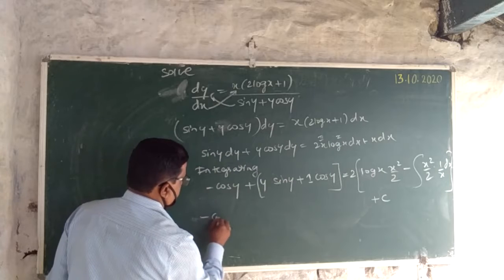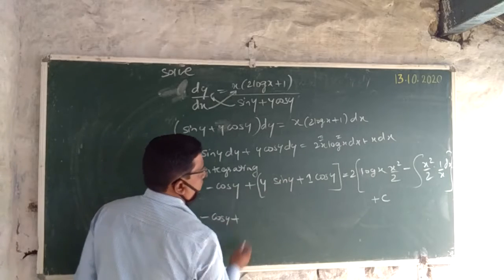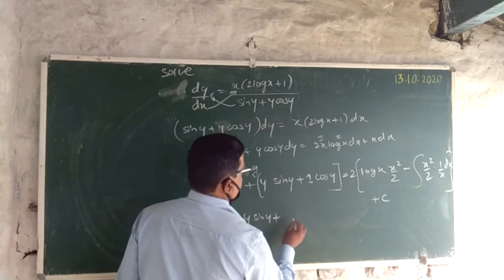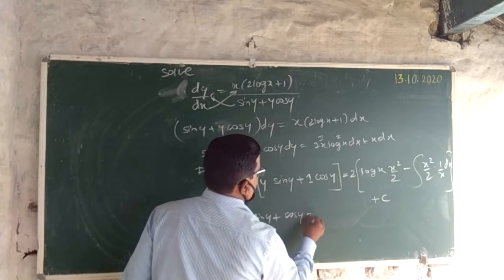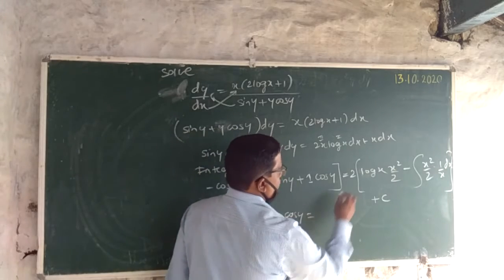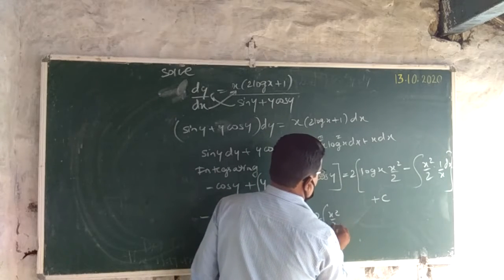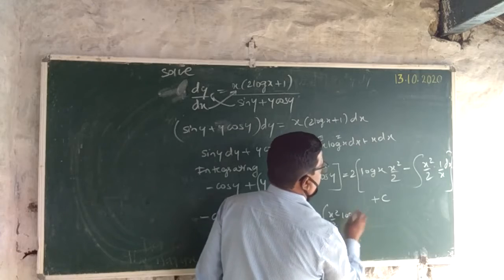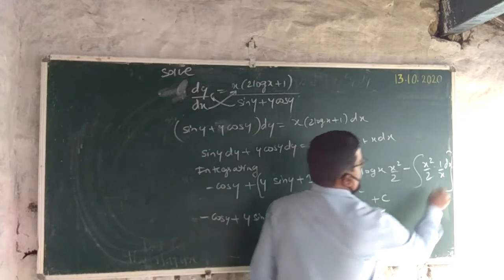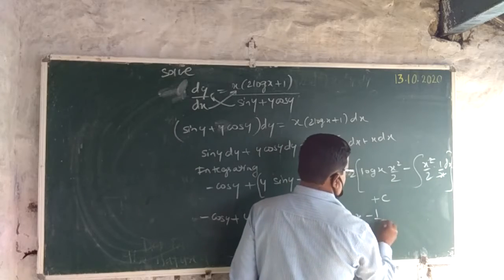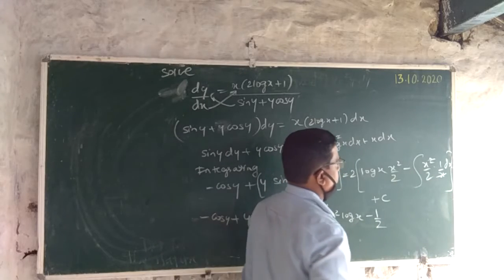So this gives minus cos y plus y sin y plus cos y is equal to, now here the 2 into, now here it is x square by 2 log x minus, here 1 by x, x get cancelled. So now 1 by 2 is constant, take that outside the integral sign.